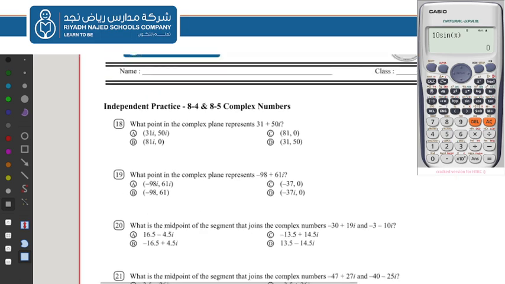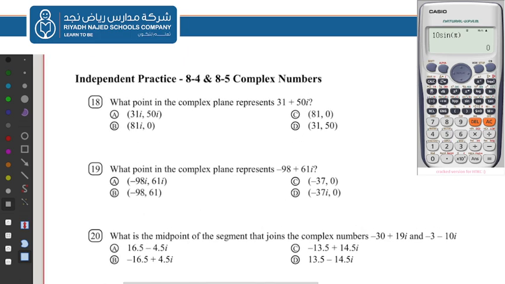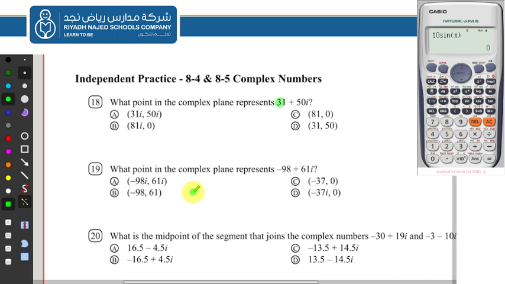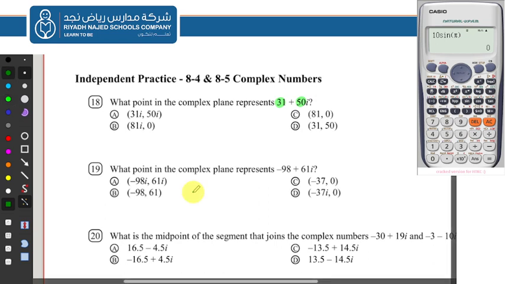Questions 18 and 19 are similar and very easy. You have a complex number, 31 plus 50i. As you can see, there are two parts here, 31 and 50i. But we won't consider this i for this question.